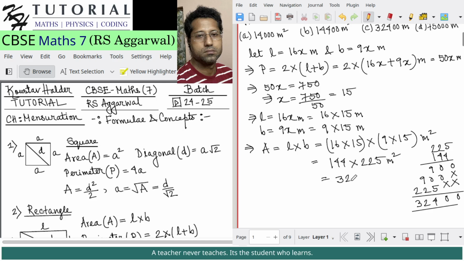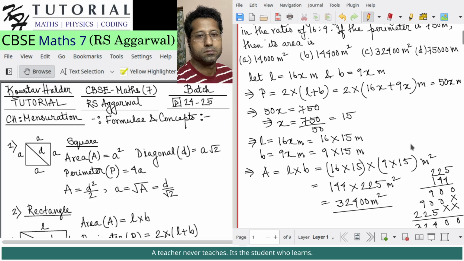So 32400 meter square is the area of the rectangular field, and hence choice C is the correct choice.